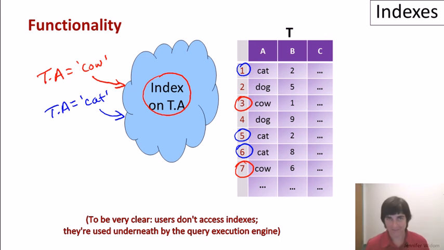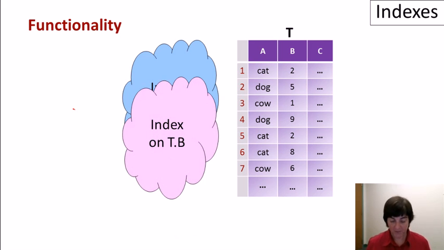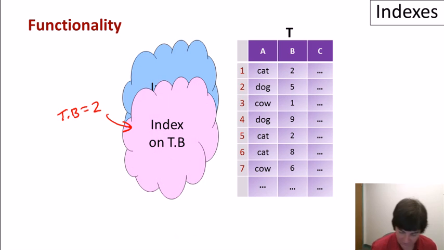If we're interested in evaluating conditions on column B, then we can also build an index on column B. For example, now we could ask questions like, when is T.B equal to the value 2? We ask the index, and the index will tell us that tuple 1 and tuple 5 have the value 2. We could also ask, for example, when the value in T.B is less than 6.